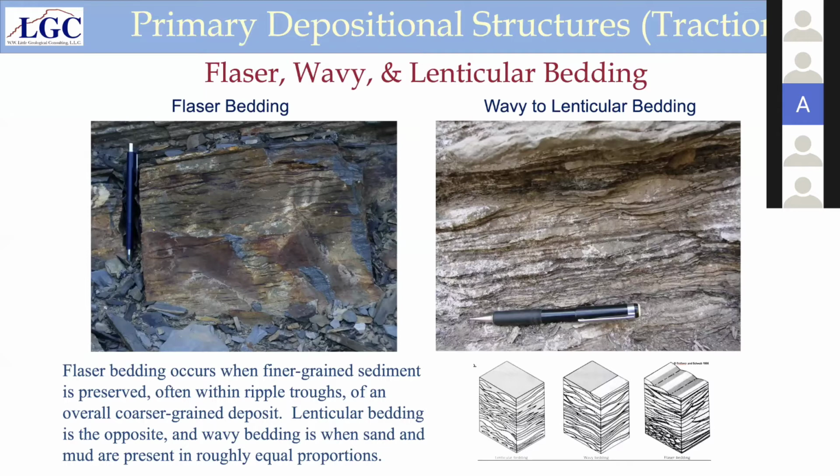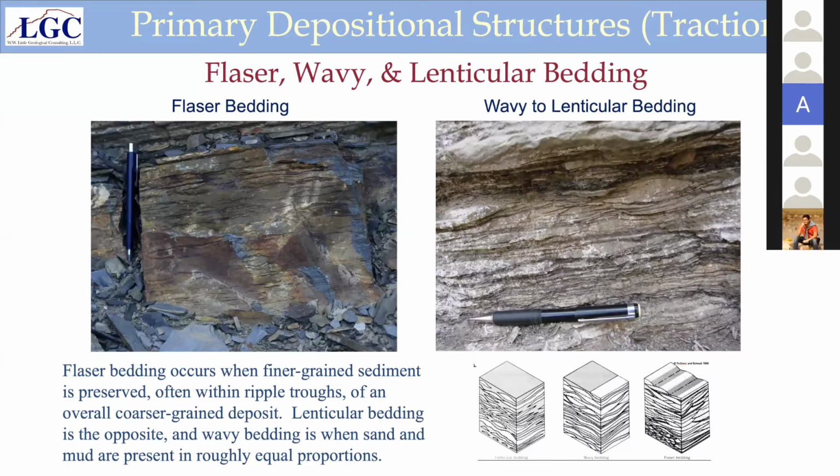We could be looking at different fractions such as clay and silt. And we refer to it as Flaser bedding if the ripples are made primarily of sand, and there are thin lenses of mud that are present between those layers of sand, and they can often be quite discontinuous.